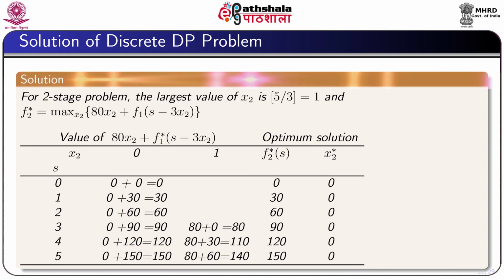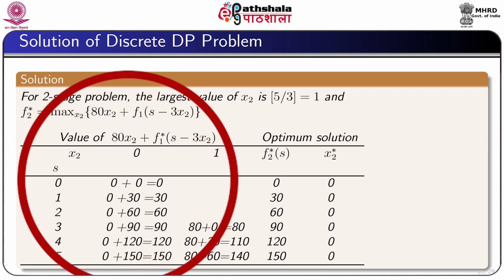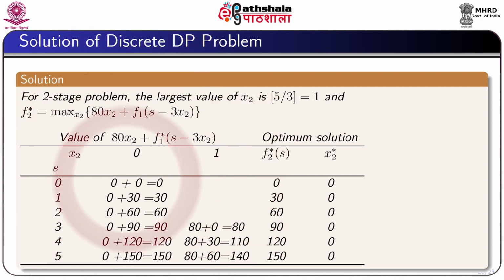For the two stage problem, the largest value of x2 is equal to 1, and we use the recurrence relation f2 star equal to a maximum of 80 x2 plus f1 star(s minus 3 x2), and here s also can take the values 0, 1, 2, 3, 4 and 5, but x2 can take value 0 and 1 only.